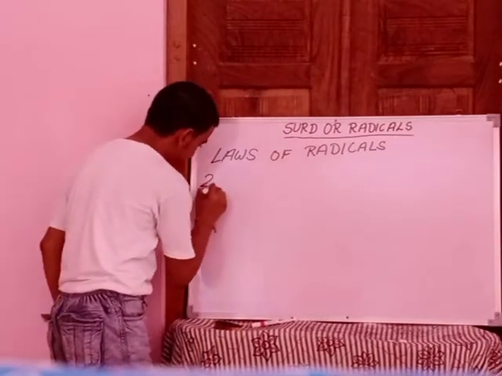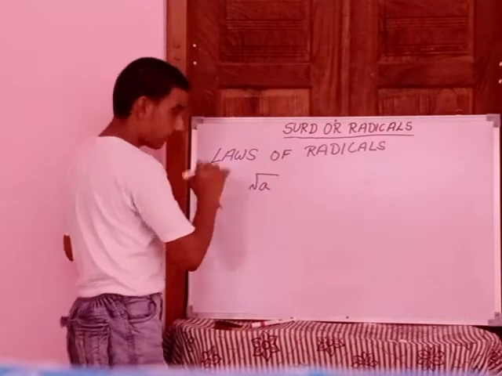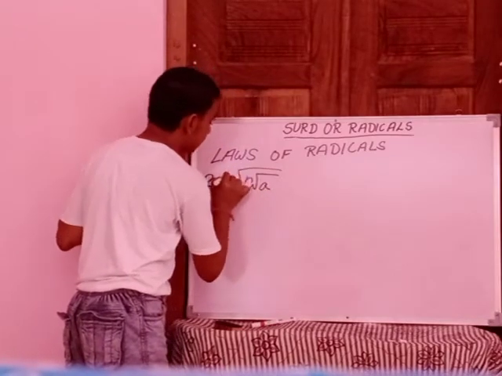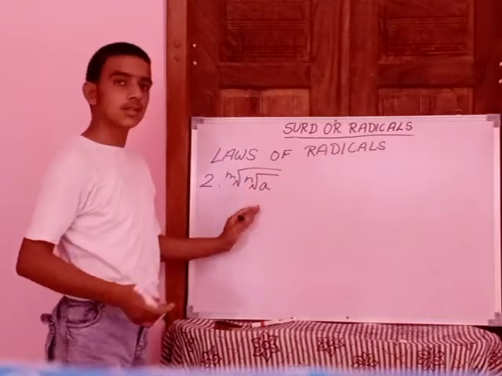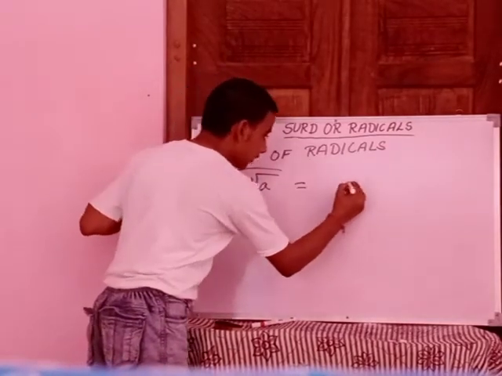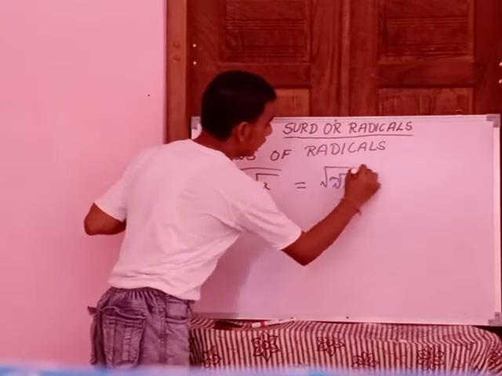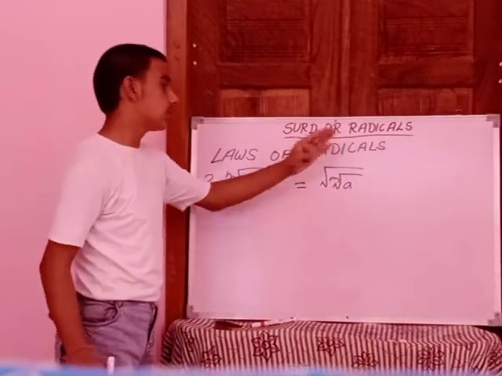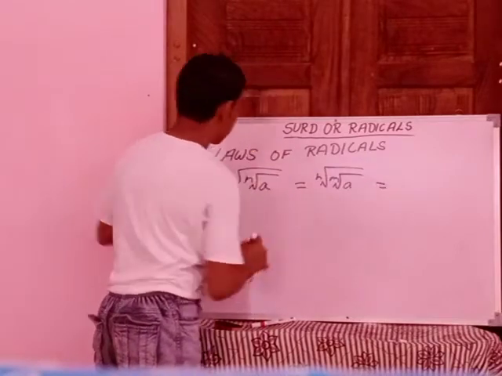Second law. The nth root of the mth root of A, and the mth root of the nth root of A, both answers would be the same.